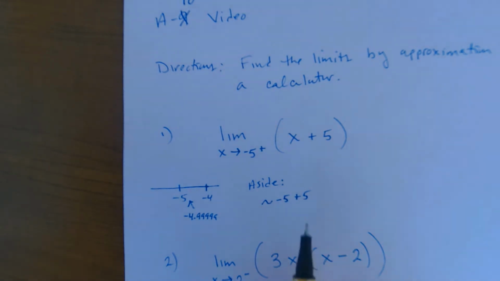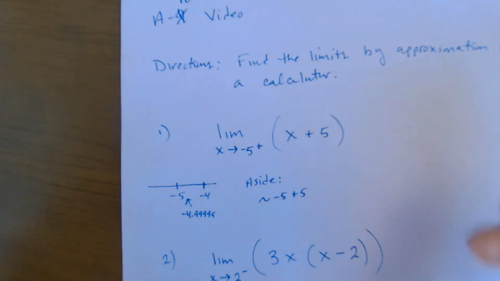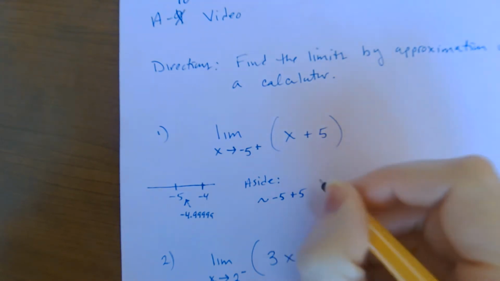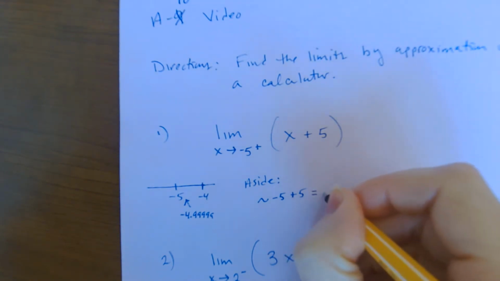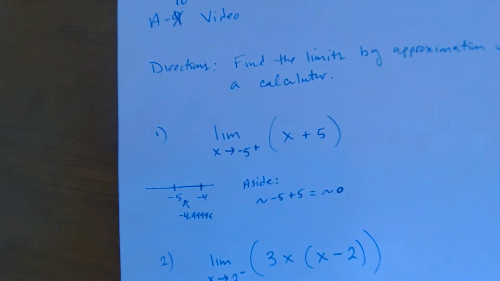I'm just introducing some notation. You don't even have to do this, guys. You could think it through a different way. But this little tilde means about. So if you've got about -5 plus 5, that is equivalent to about 0.